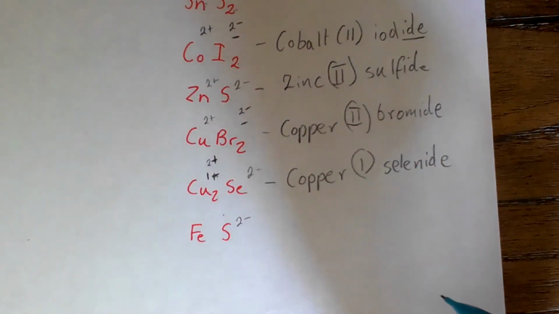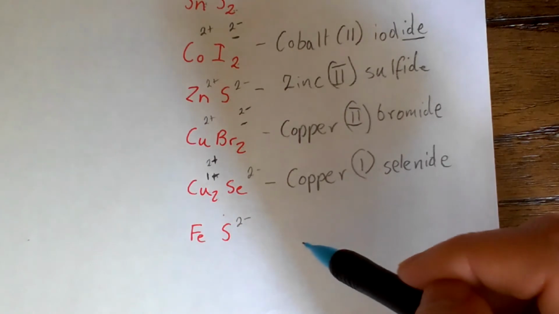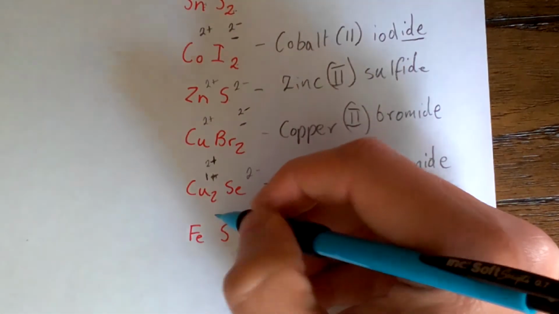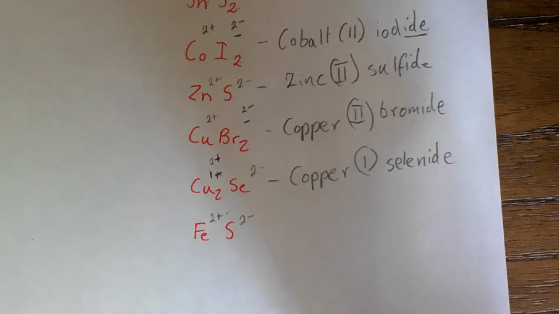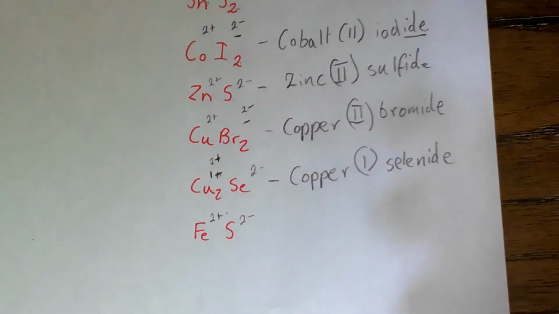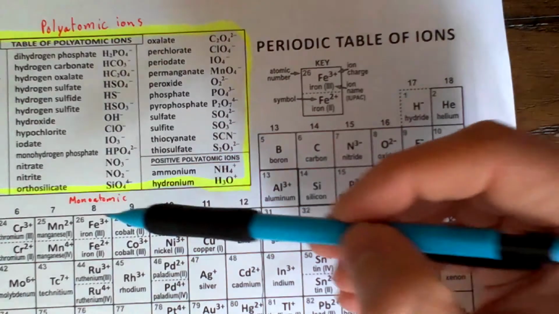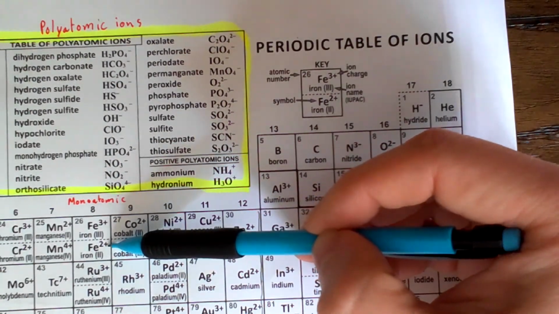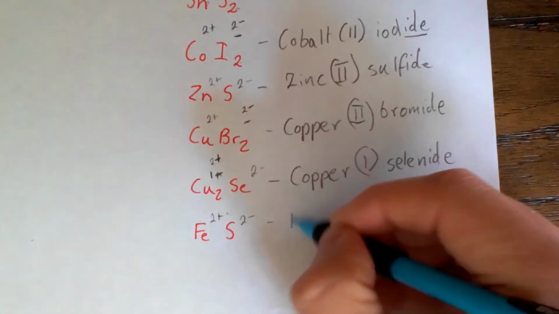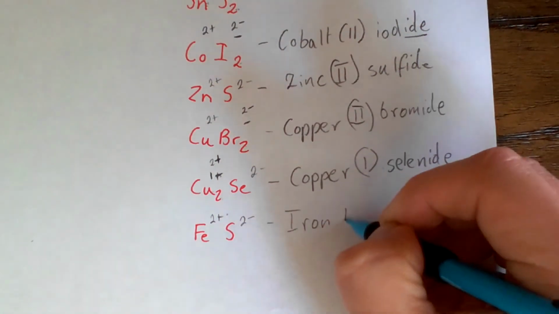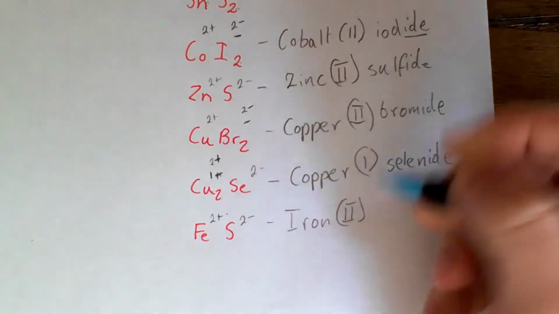What has to be the charge of the iron to neutralize the ionic bond? So this is going to be 2 plus. Iron that has lost 2 valence electrons will be called iron 2. Iron Roman numeral 2. So it's iron Roman numeral 2 sulfide.